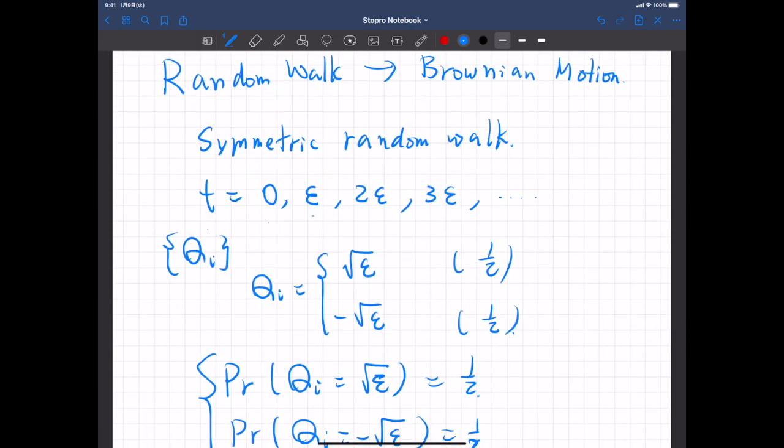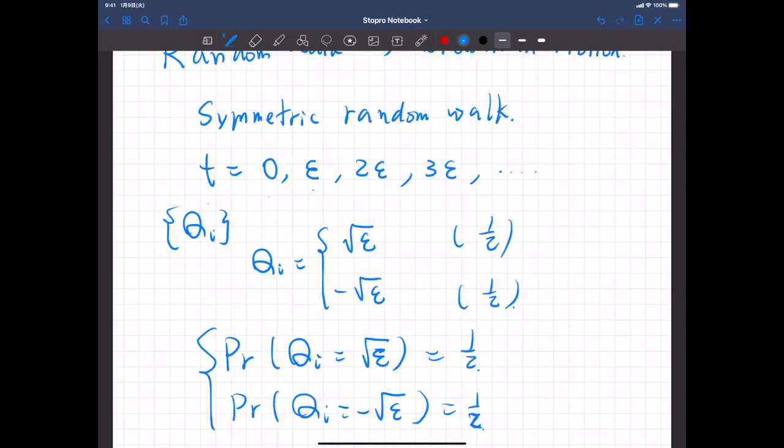So in the original formulation of the random walk, this epsilon was just 1, so the time step was 1, 2, 3, and so on, and qi increment was plus minus 1. But here we use a small positive number epsilon, and later we take the limit that epsilon approaches 0.